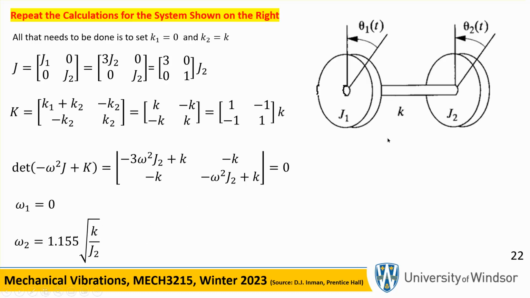Now, when you think about this, this makes sense because this can rotate as a rigid body. In addition to vibration with that frequency, it can also rotate as a rigid body without any oscillation. And that's what this is telling you. So there is rigid body motion. When there's a rigid body motion involved, there's always a zero frequency.